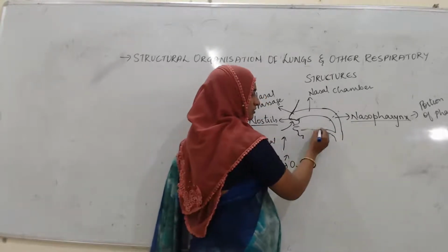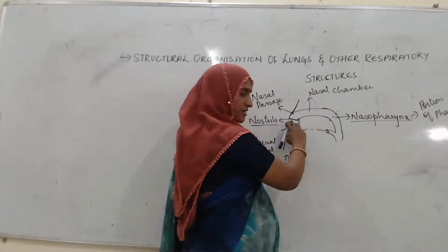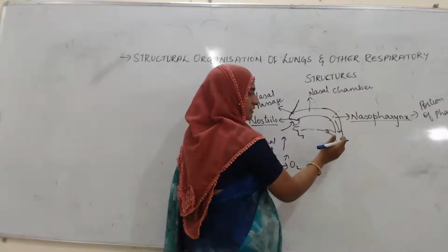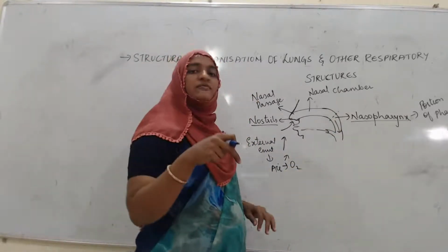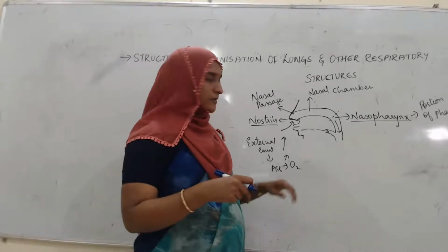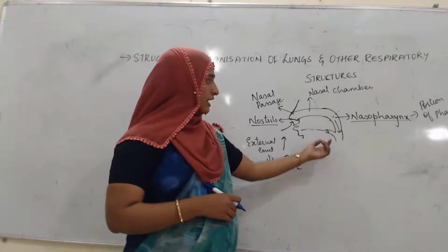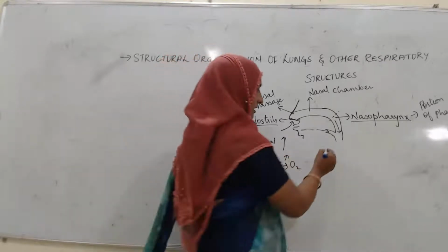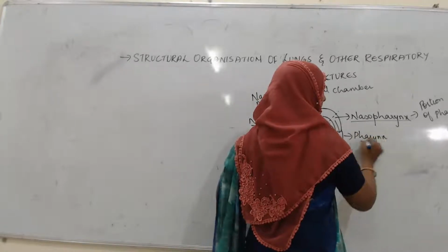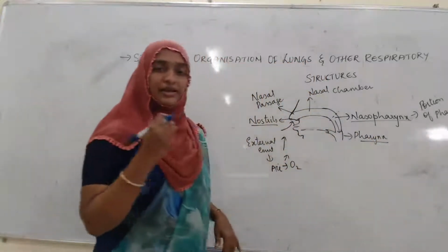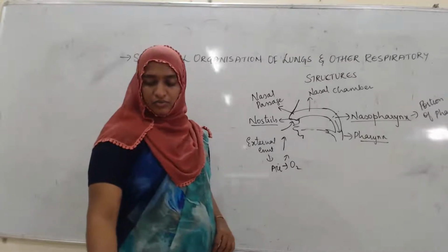From the mouth, the food enters the pharynx. From the nose, the air enters the pharynx. The passage coming from the nasal chamber we call the nasopharynx. So this pharynx is the common passage for food and air.